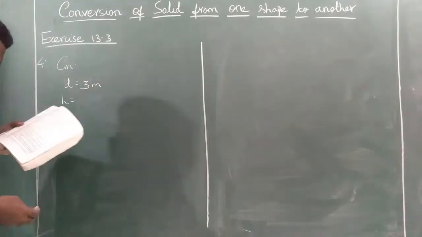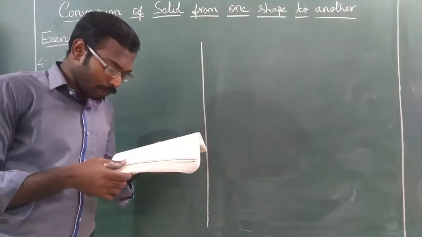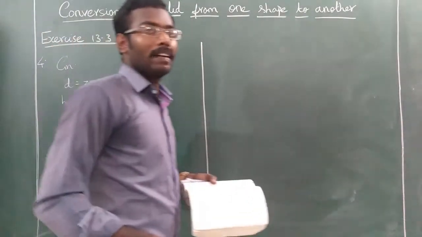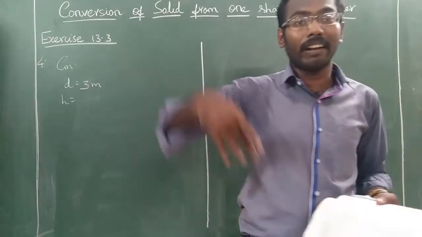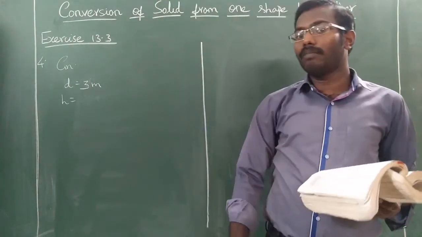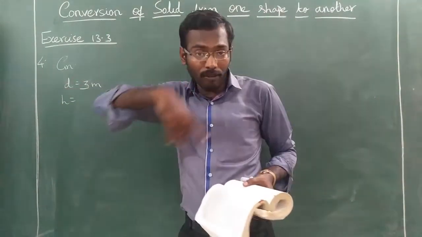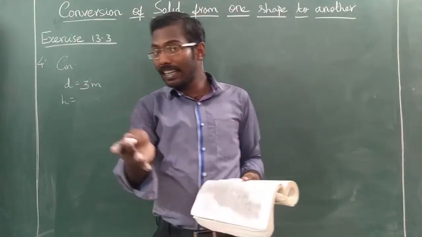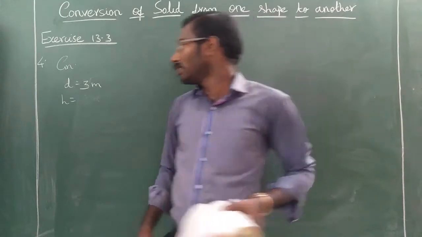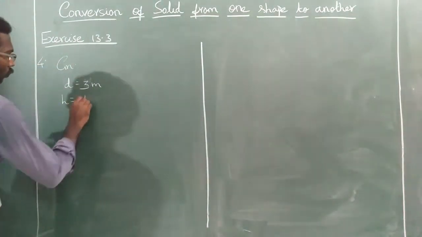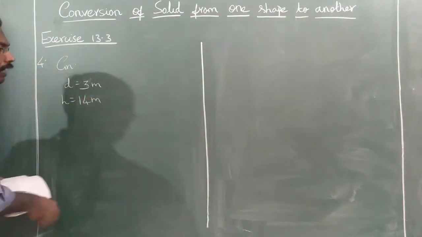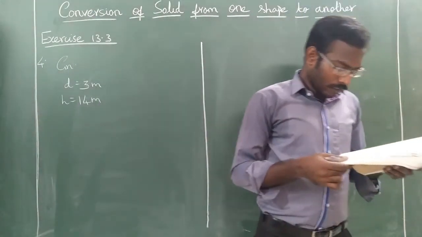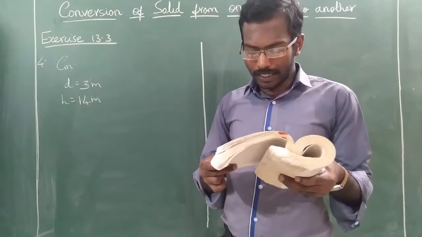Deep in the sense it refers the height of the well, because well is usually in what shape? Well is usually in cylindrical shape. So cylinder deep means height. So height is equal to 14 meter. Okay. So diameter 3 meter and height is 14 meter.